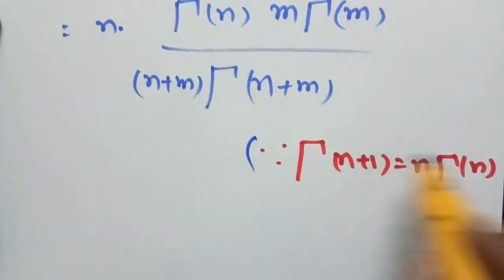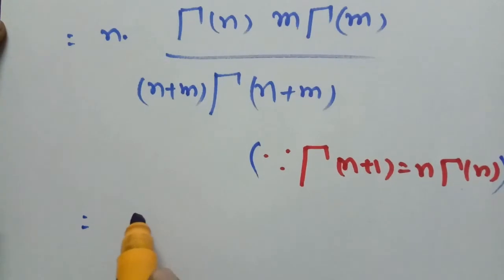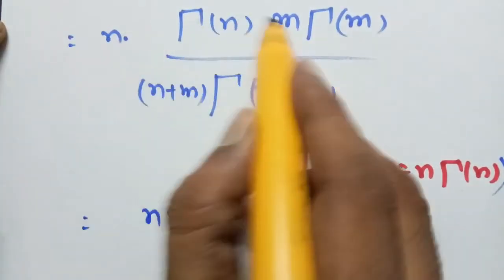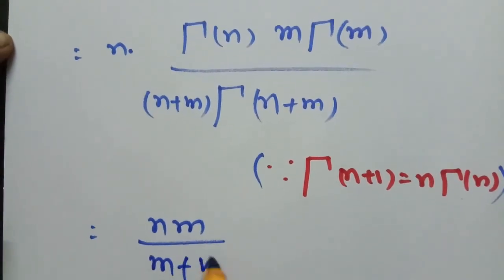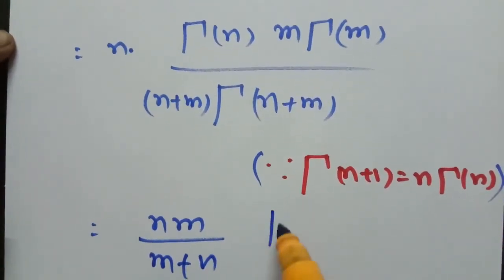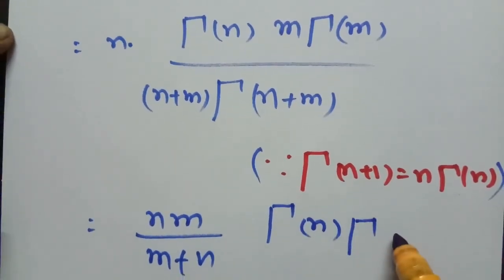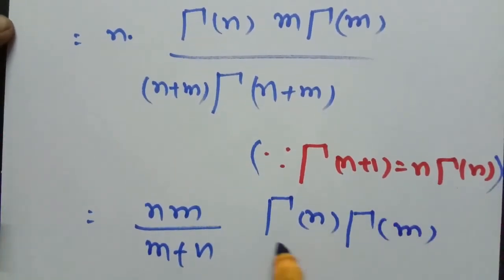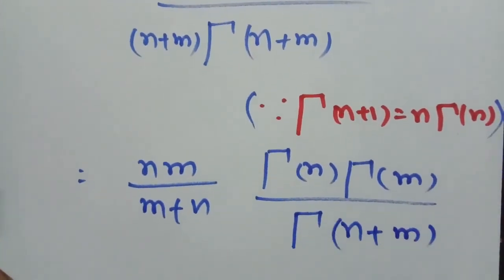Therefore, this is equal to n into m by n plus m into gamma n into gamma m by gamma n plus m.